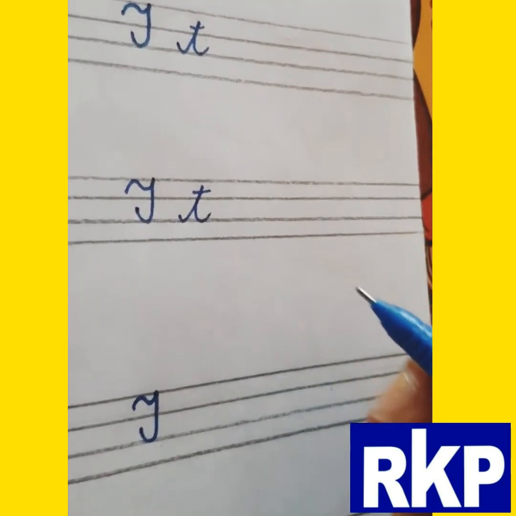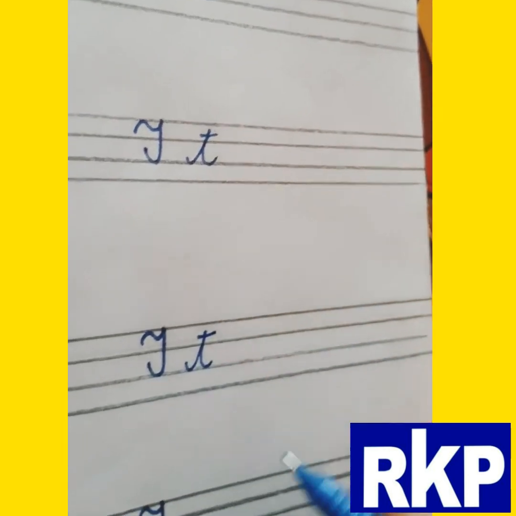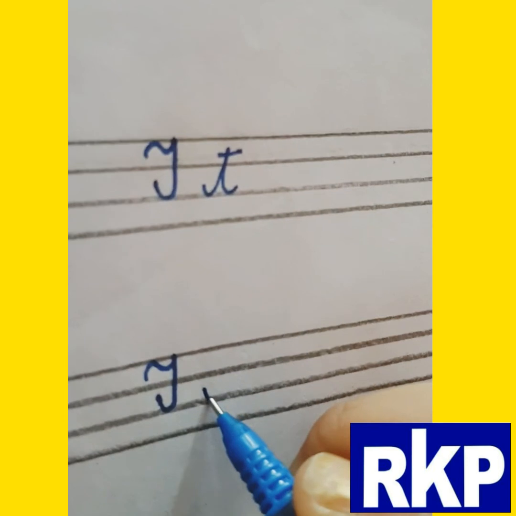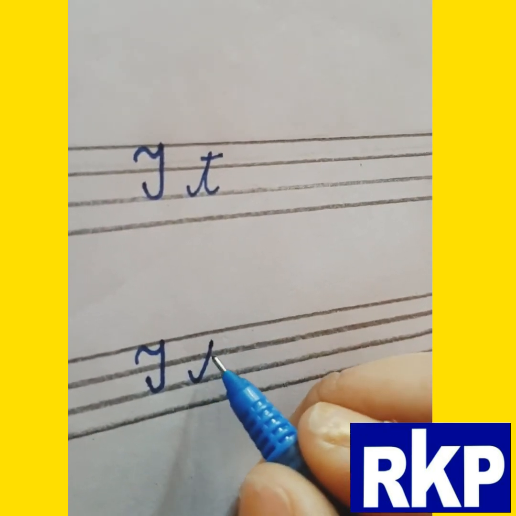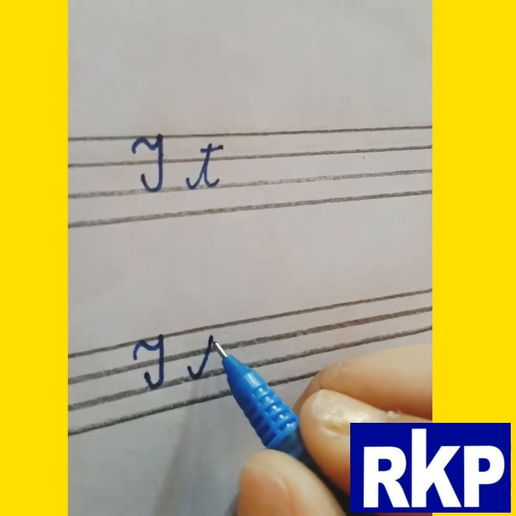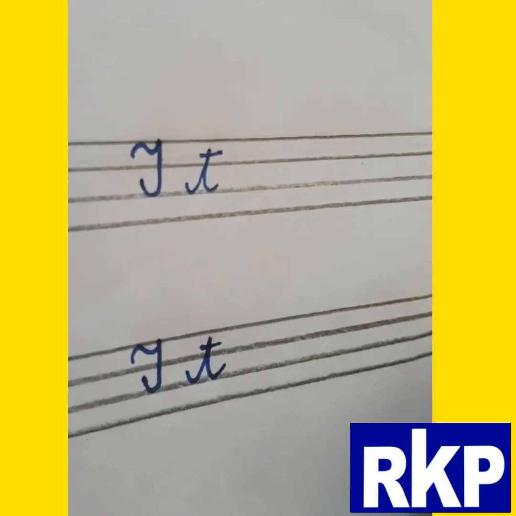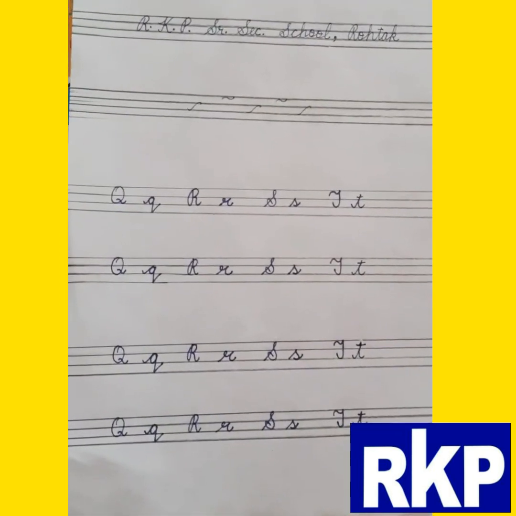Small t. One more time. Take a curve from here. Go to the top. No, not. You will not go to the top line, just till here. Back to the baseline and this. Small t.